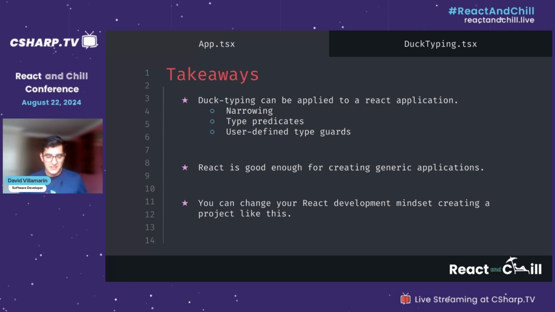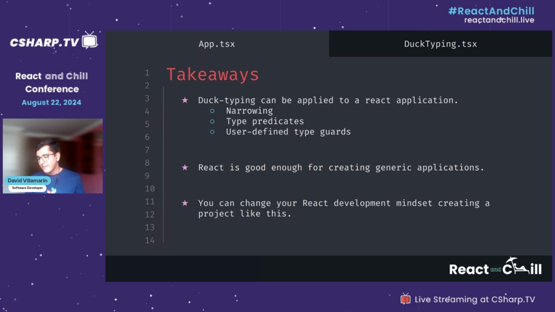So I just wanted to say the takeaways for this little talk. First of all, duck typing can be applied to a React application, right? Using narrowing, using these type predicates, and of course using the type guards. So yeah, that's one point.